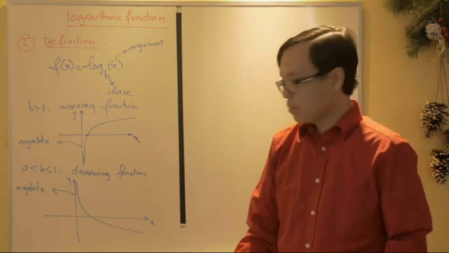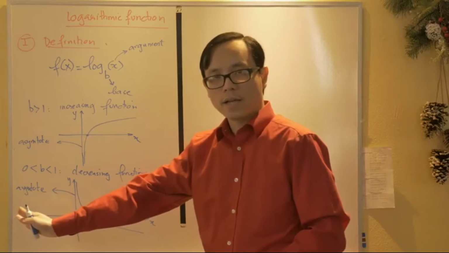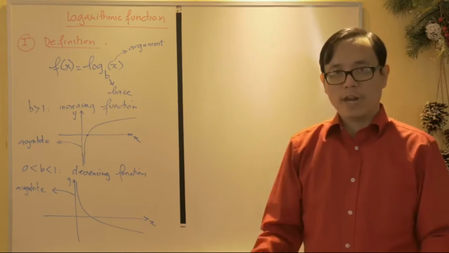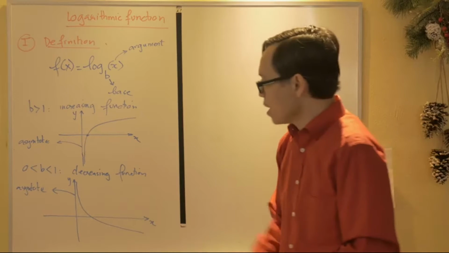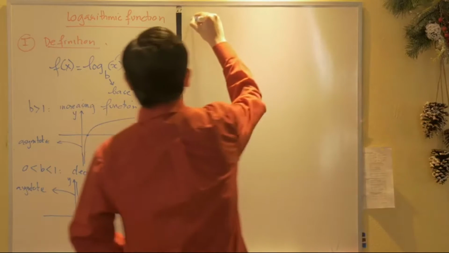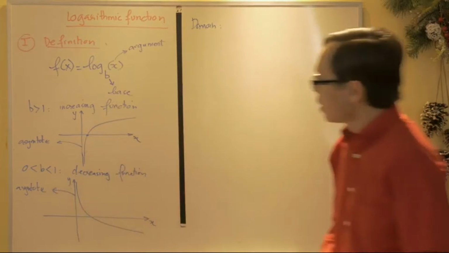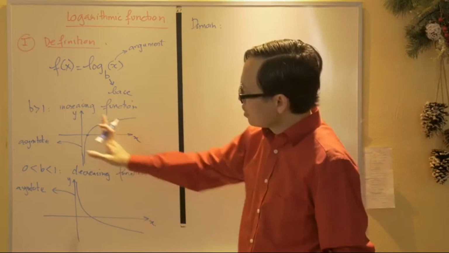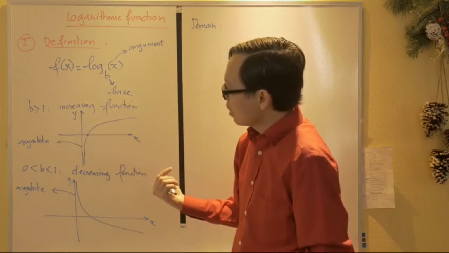However, the vertical asymptote can be moved. It could be moved to the left or to the right. Then, if you move it, the domain and range will be different. Well, the range will be the same, but the domain will be different. But for this one, if we investigate the domain, the curve lies on the right-hand side of the coordinate system.